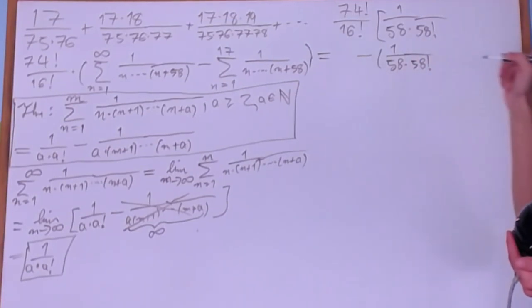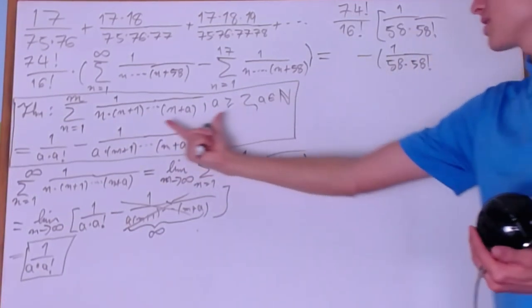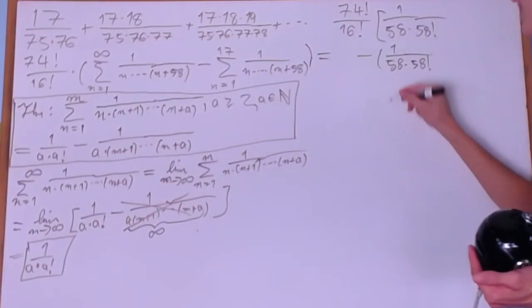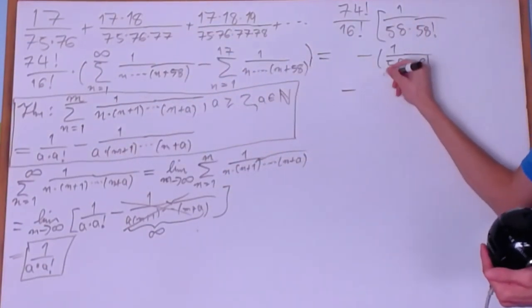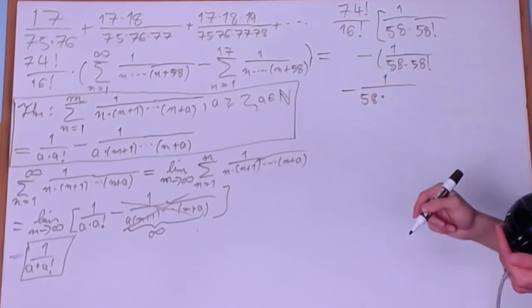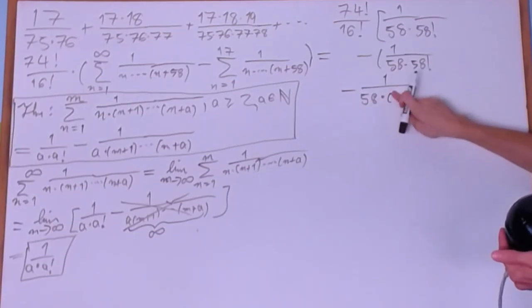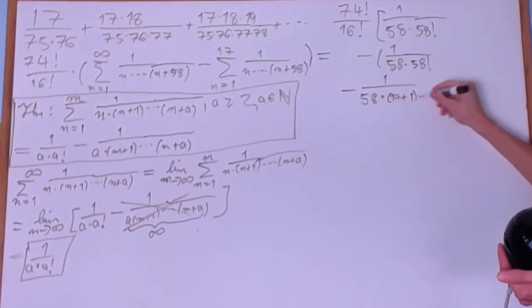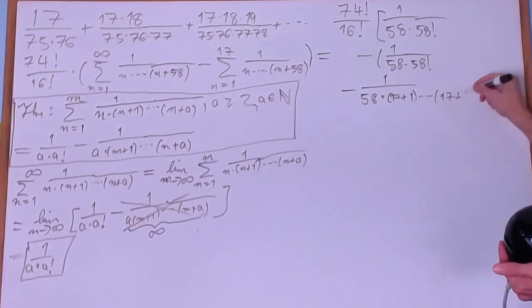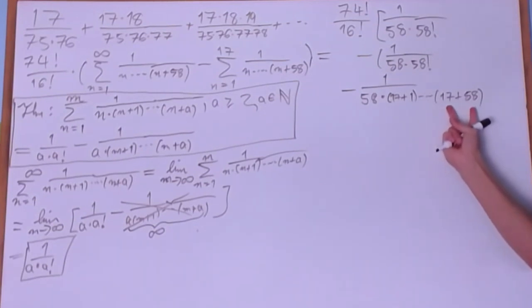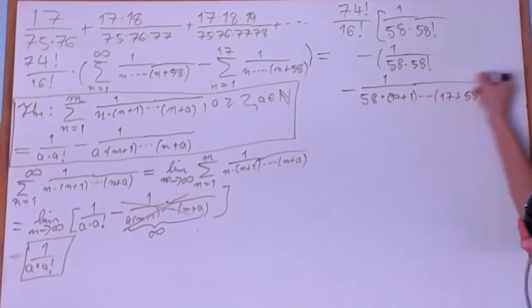And then we have to subtract off this part of the partial sum formula, which will feed into there, which is then 1 over 58 times, m is, what is m? Well, it's 17 right here. So 17 plus 1 all the way up until 17 plus 58, which is 75, really. That's the number that comes out of there.